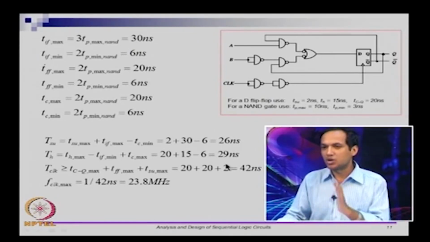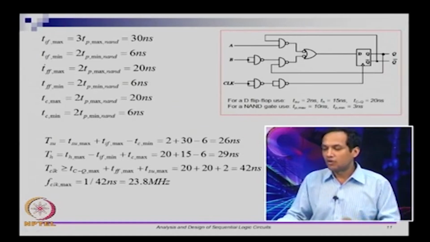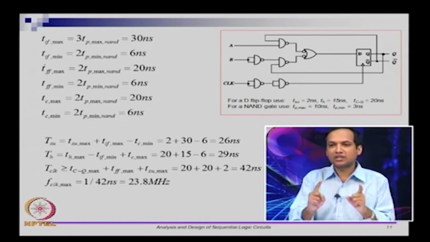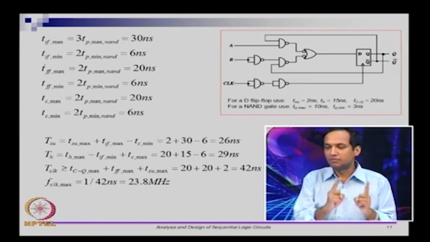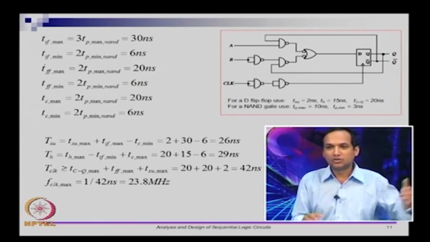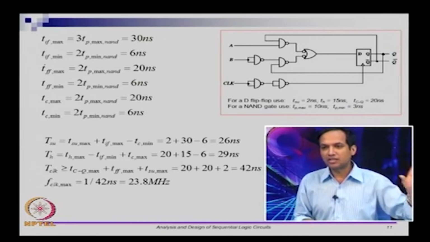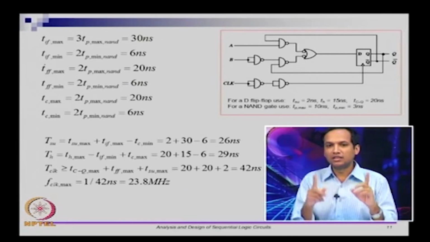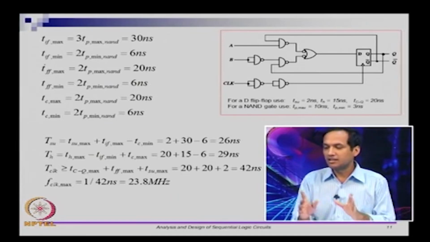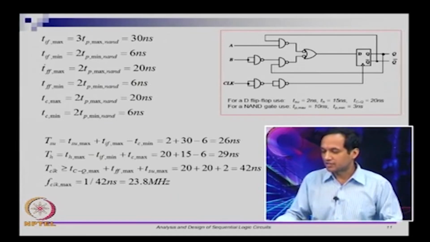If there is some other circuit that is going to drive A and B, you should ensure that it is keeping the data stable for at least 55 nanoseconds, 26 before and 29 after.